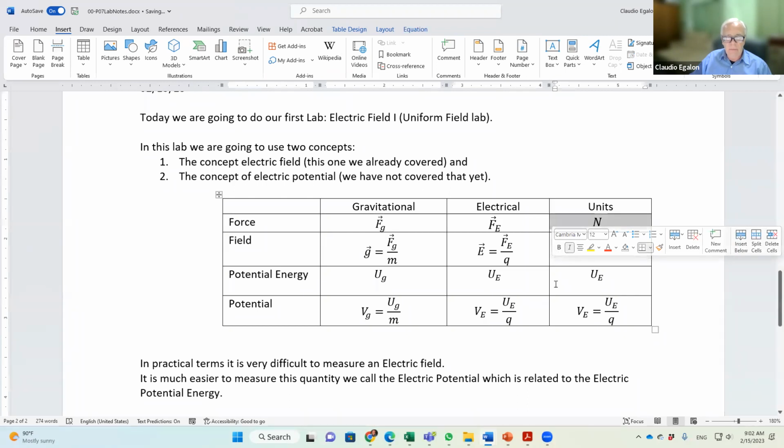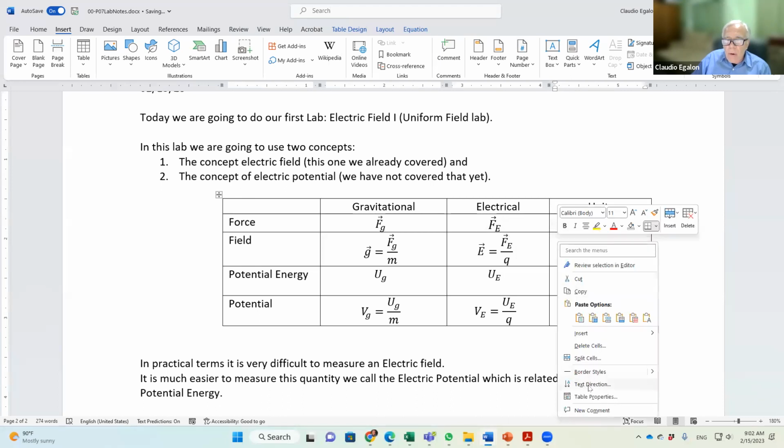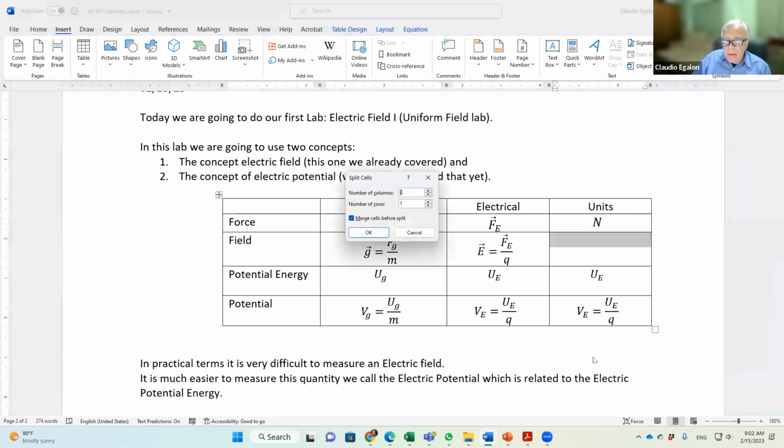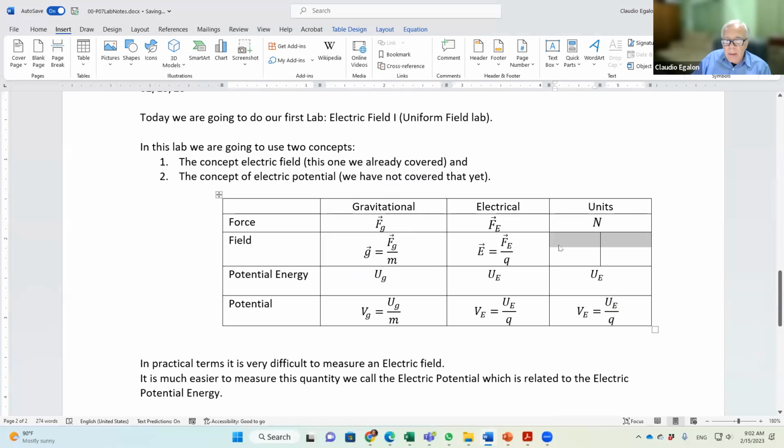In the case of the gravitational field, the unit you already know: meters per second squared.